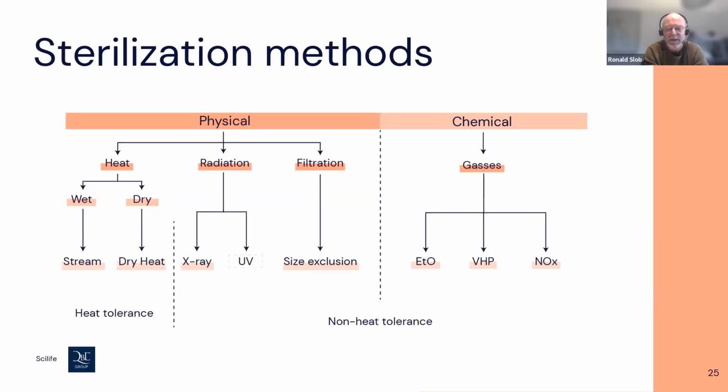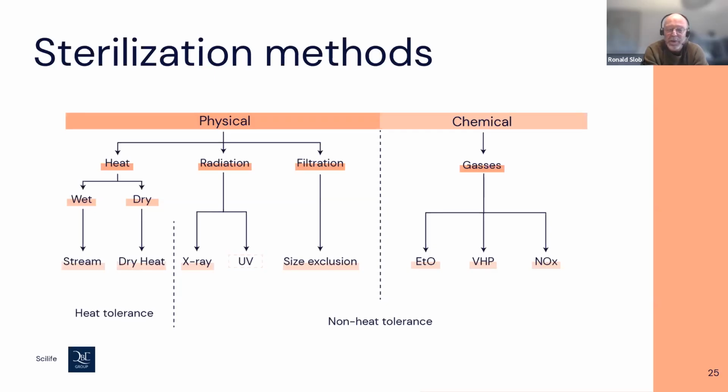So for the gases, for the ETO, VHP, gamma radiation is also well known, but you have to make a little bit more effort yourself, with your studies, to show that the method that you're using is fit for purpose, with the materials and the loading patterns and what you want to achieve to get it sterilized in that way. So it's going to be a little bit more effort from your side.